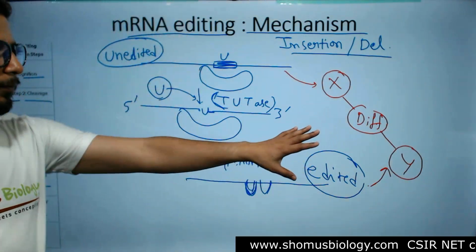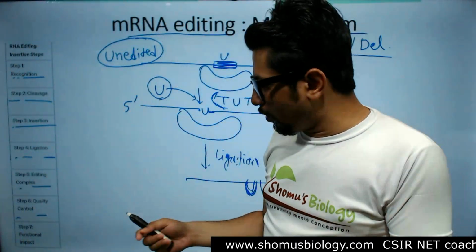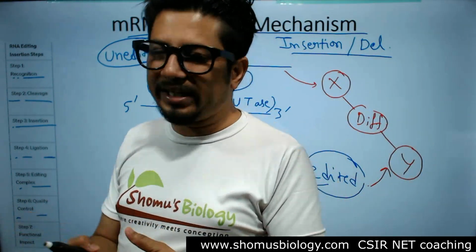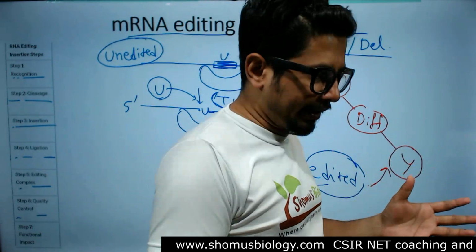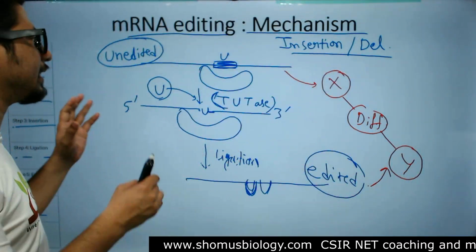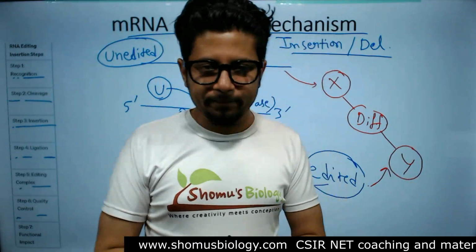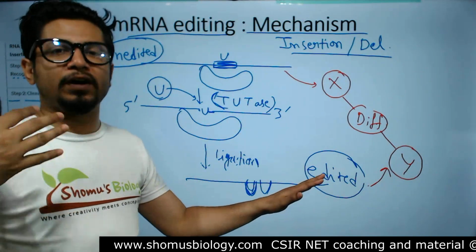There will be totally different proteins, and that is the actual physiological role, the functional impact of RNA editing: to increase the expression potential of the existing mRNA. From the same existing mRNA, the unedited form gives one protein and the edited form can give you a different protein. Now, not always do these edited forms give rise to a properly functional protein.